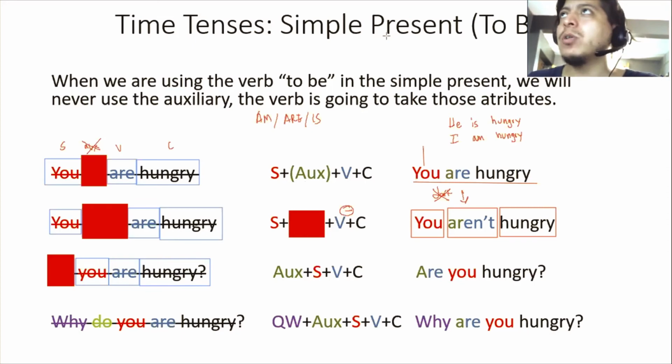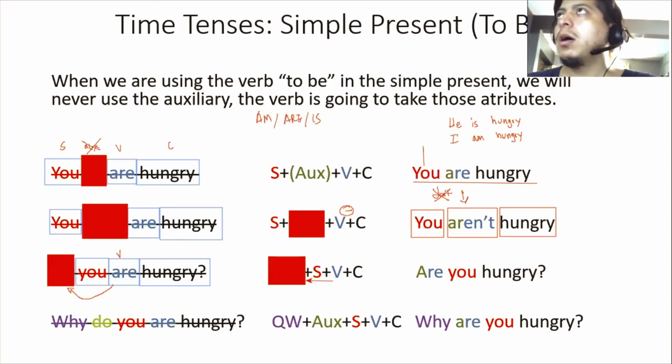If you don't have your auxiliary, the verb is going to change positions with the subject. Remember that you need to invert the subject and the auxiliary. You don't start with the subject.